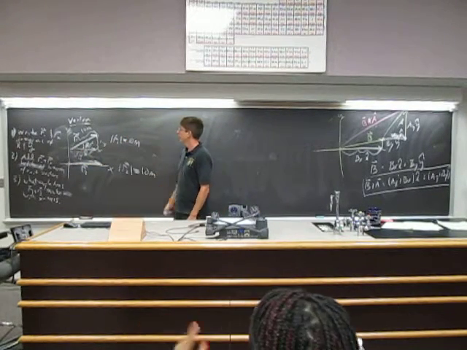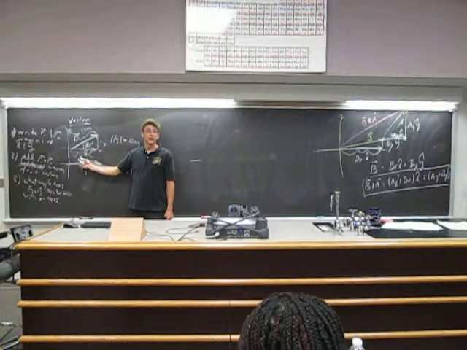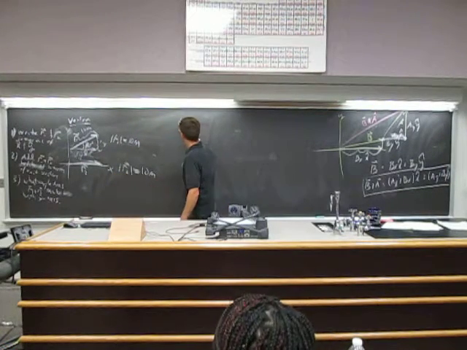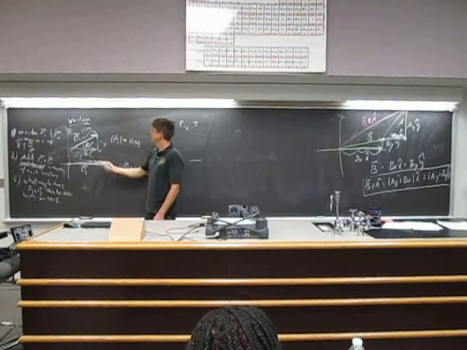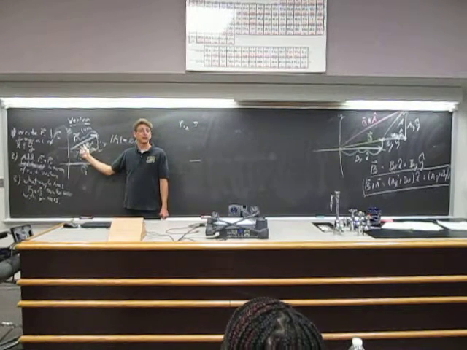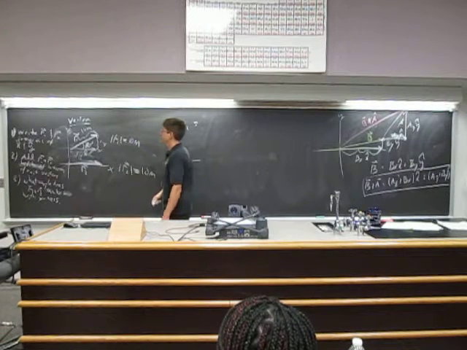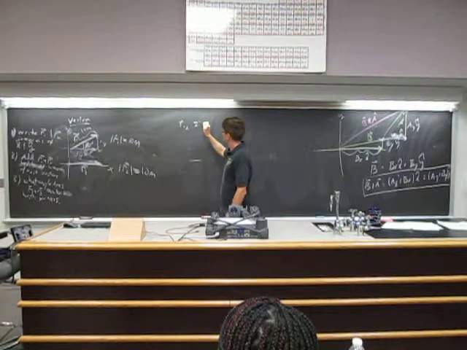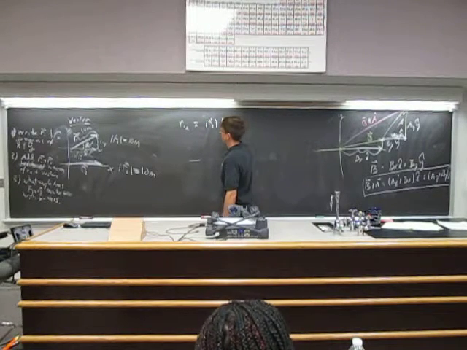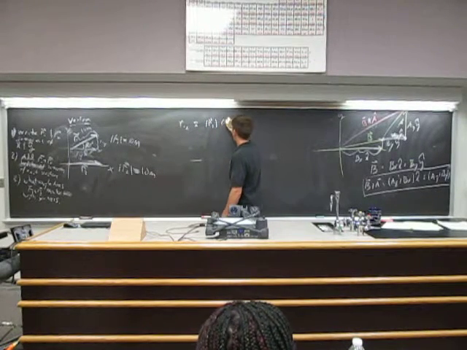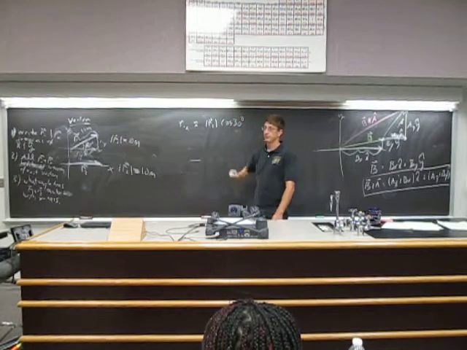Okay, so R1 X, the X component of R1. This is the adjacent side of that 30-degree angle, right? Adjacent to that 30 degrees. So I could write this as the magnitude of R1 times cosine of 30 degrees.